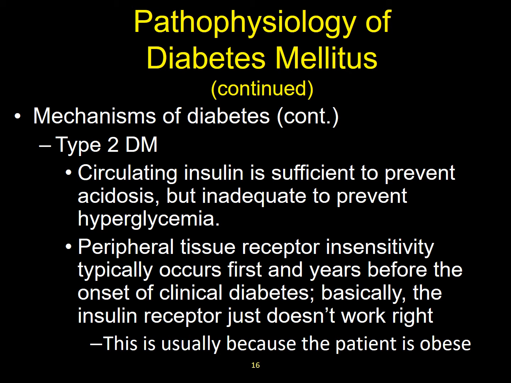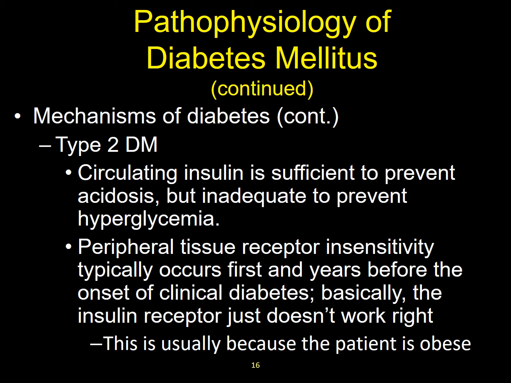So you're burning fat 24/7 as a fuel source, which keeps you alive for a little while, but the problem is when you burn fat and break it down, you produce acid as a byproduct. And if you're doing this 24/7, you have no other fuel sources but fat, you'll burn so much fat that eventually you'll make more acid than you can excrete, and the patient will become acidotic. And that's usually how we diagnose them, because when you get acidotic, you get mental status changes and stuff, and you're going to show up in an ER somewhere.